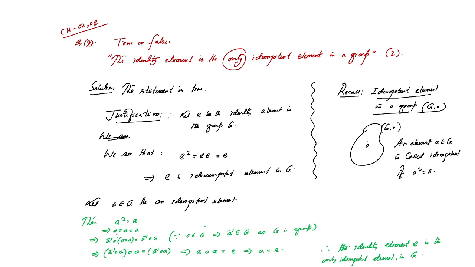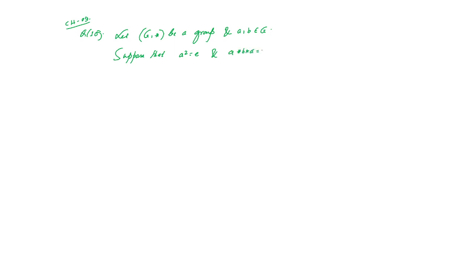Now we'll come to the next important question, question number 10, which was asked in the year 2009. Let G star be a group and A, B belong to G. Suppose that A squared equals E, and A star B star A equals B to the power 7.